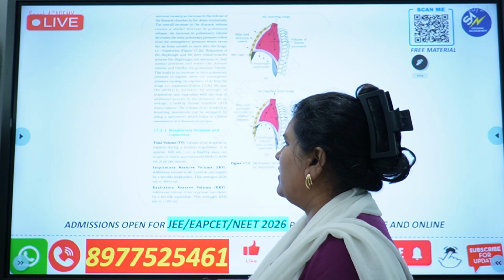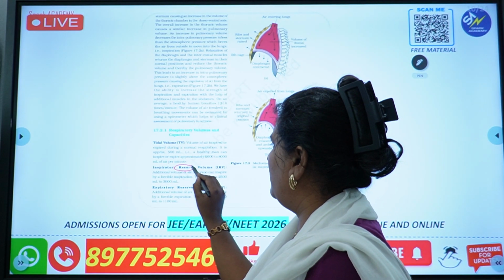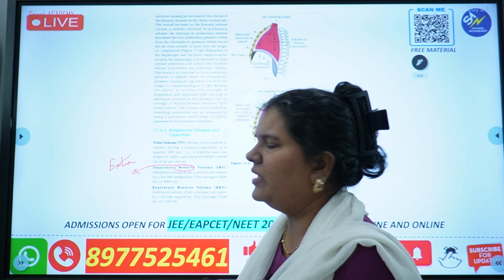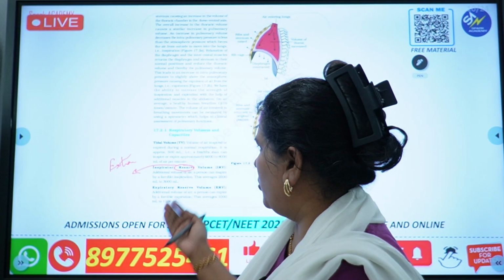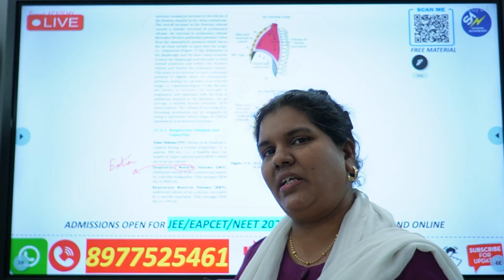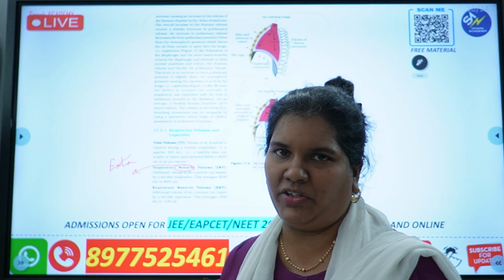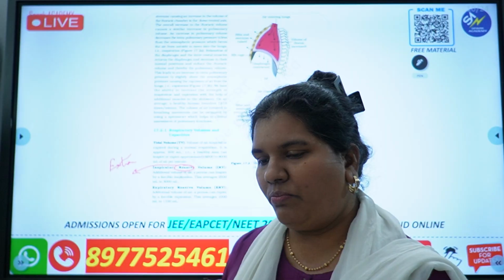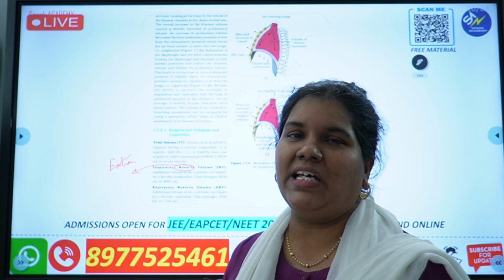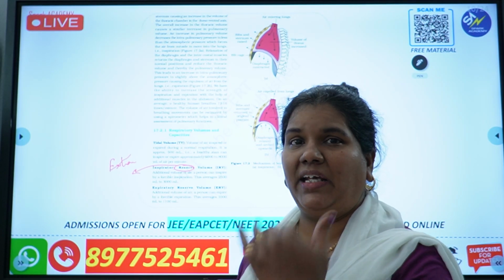Then inspiratory reserve volume. Here reserve means extra, something extra amount of air that we are taking. So inspiratory reserve volume means the extra amount of air that we are taking through forceful inspiration. You know, sometimes when we are doing some kind of busy activity or running up the stairs, what happens? We take some extra air.